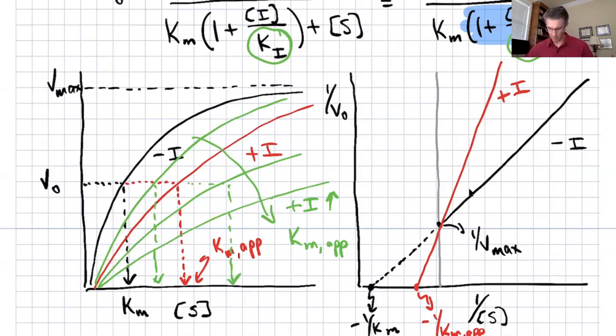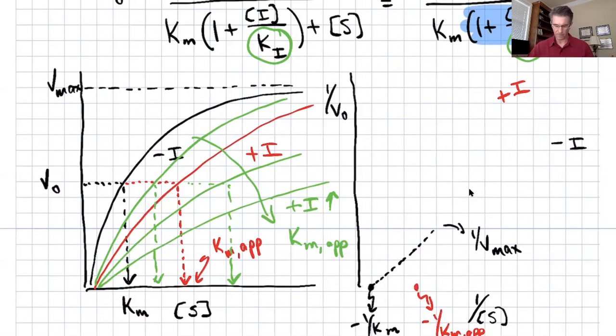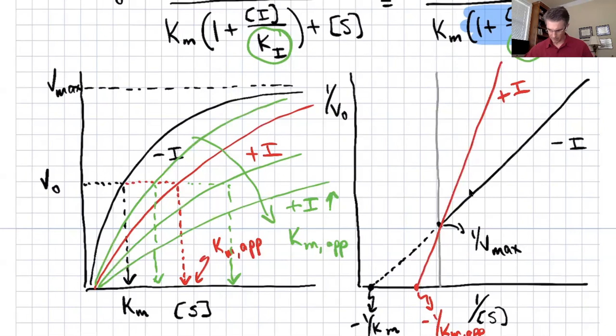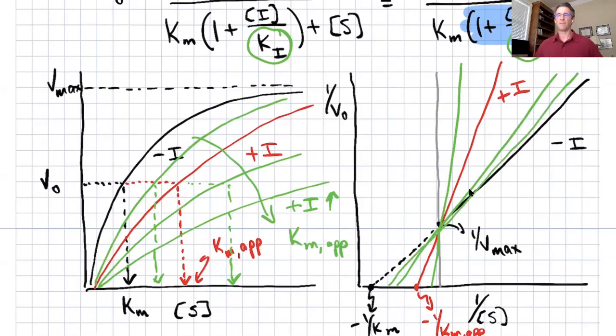Old school method would be to convert the data and get this family of double reciprocal plots, these lines, that are doing something like this, and get the Kms out of that. Modern era, of course, you would do the actual nonlinear fits, get those apparent Kms out of it.